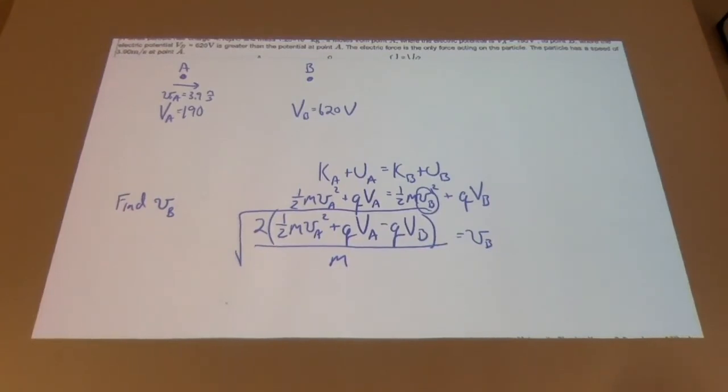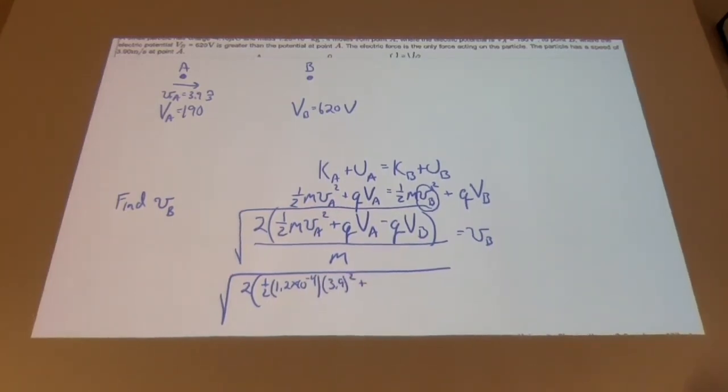So let's plug these in and make sure that we're all on the same page as far as what the numbers are. So the mass, they said, was 1.2 times 10 to the minus 4 kilograms. The velocity at A is 3.9, so it's 3.9 squared.